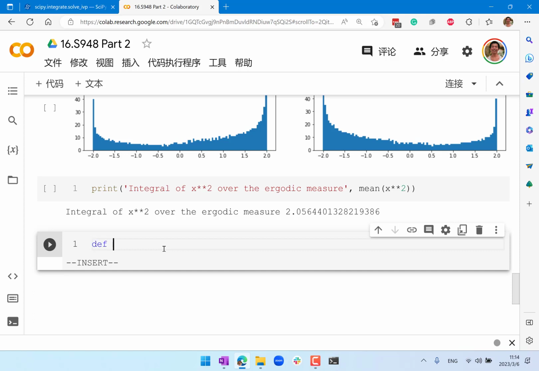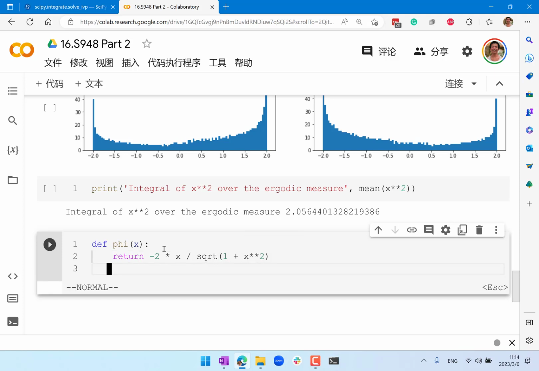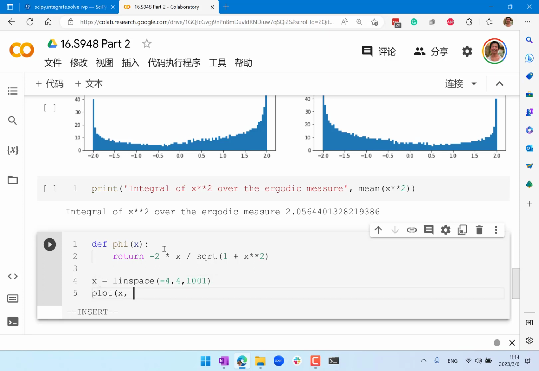So let's define a phi of x, just the return, minus 2x divided by the square root of 1 plus x squared. Say x is equal to linspace from -4 to 4, and let's plot x and phi of x.